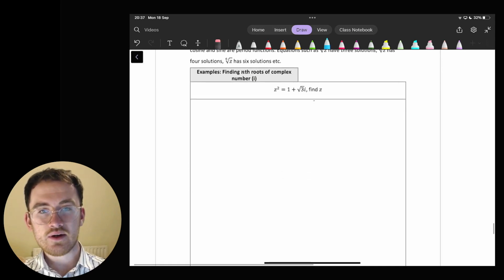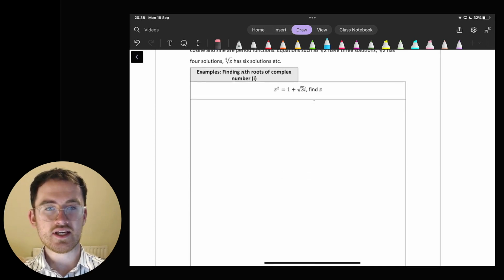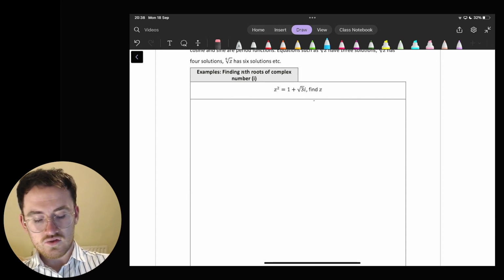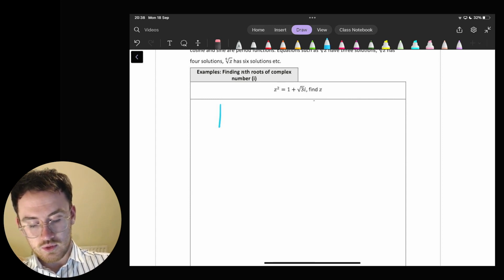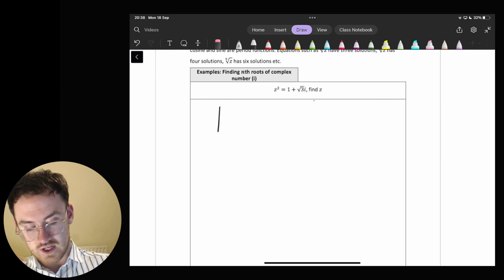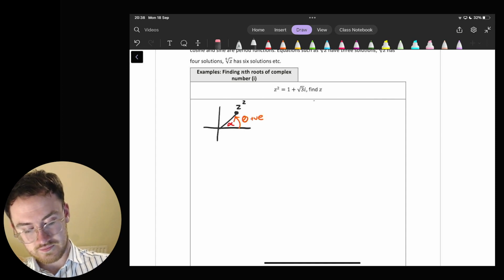So let's just see how it looks in practice. The question says z squared is equal to 1 plus root 3i. First of all, we need to write this into polar form, and then we're going to go further and write it into general polar form. So 1 plus root 3i is going to be here. I can write in my alpha here, and I can note that theta is going to be positive.